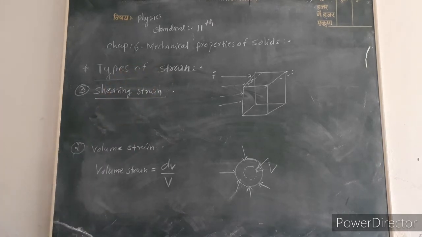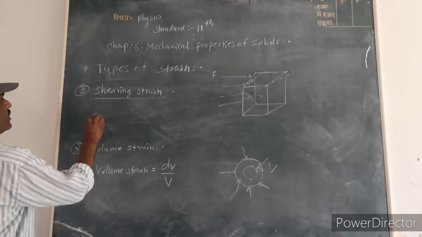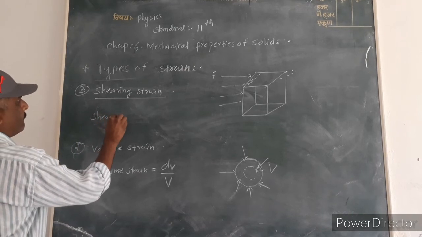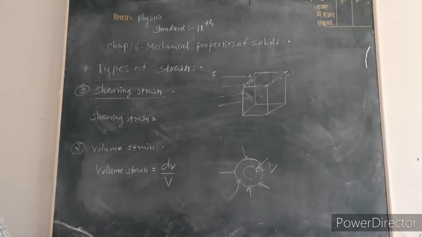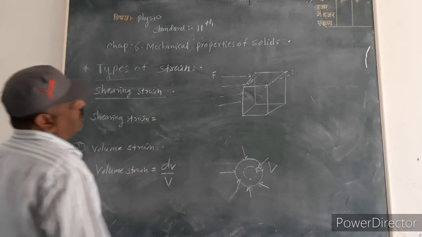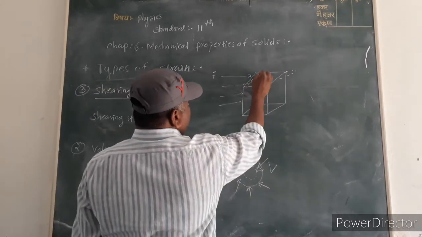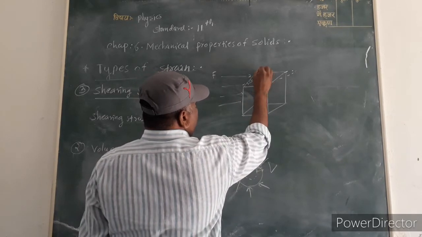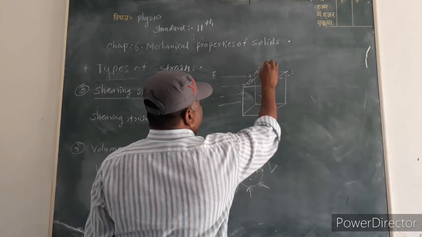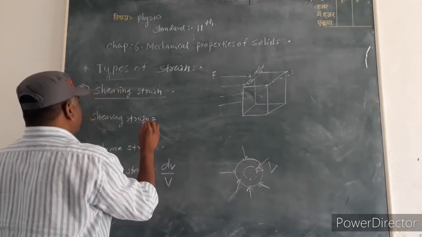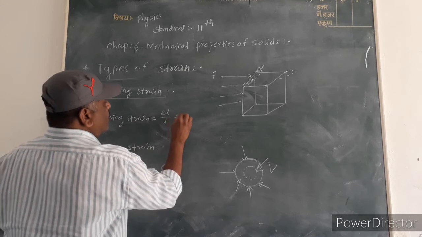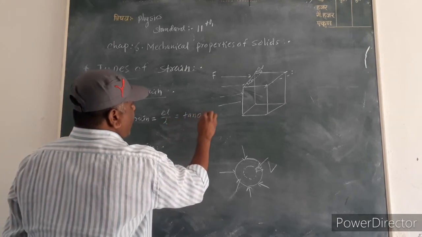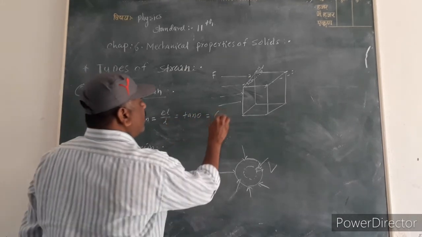Therefore, shear strain is equal to the displacement, suppose this displacement is delta L, so shear strain is equal to delta L upon L, which is nothing but tan theta, and this tan theta is nearly equal to theta.